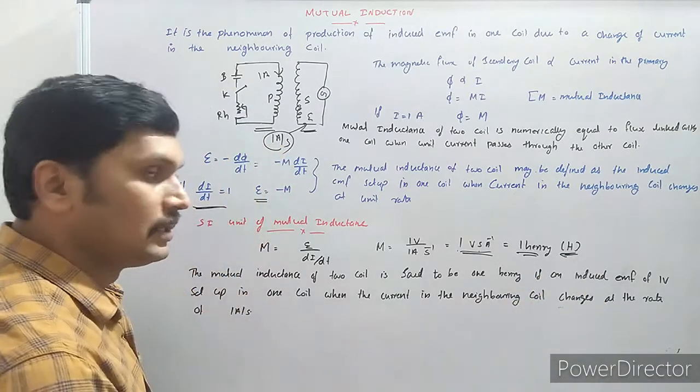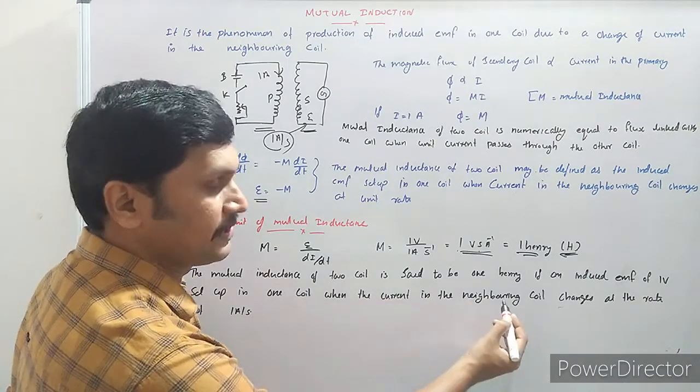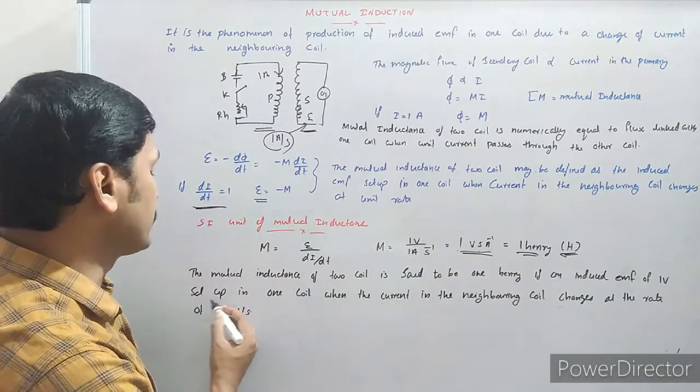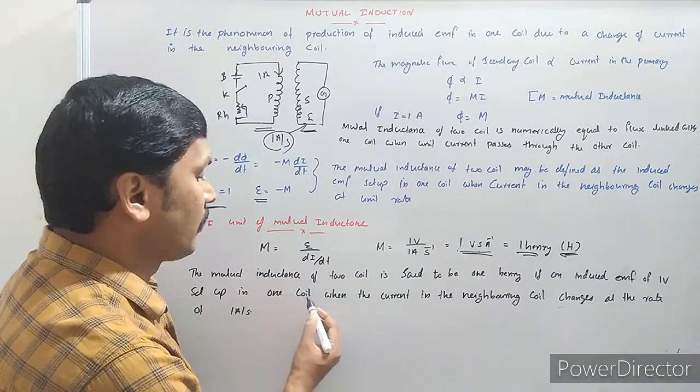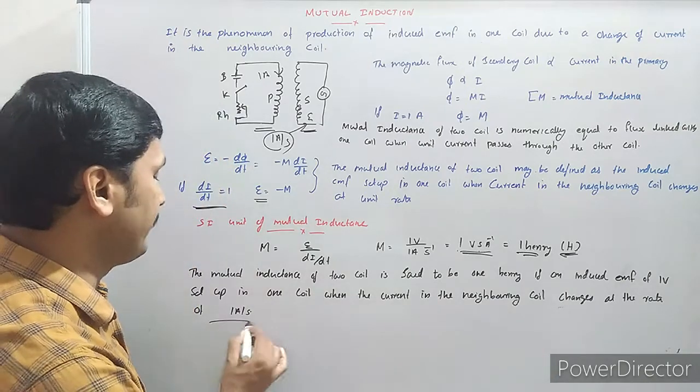So the mutual inductance of two coils is said to be 1 Henry if an induced EMF of 1 volt is set up in one coil when the current in the neighboring coil changes at the rate of 1 ampere per second.